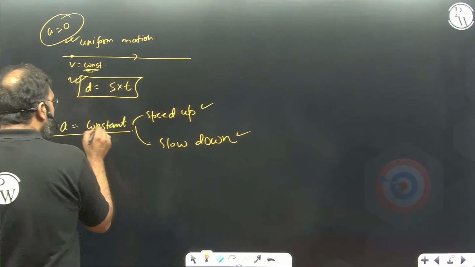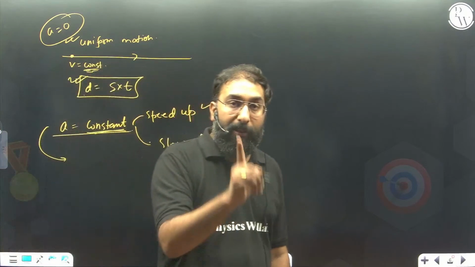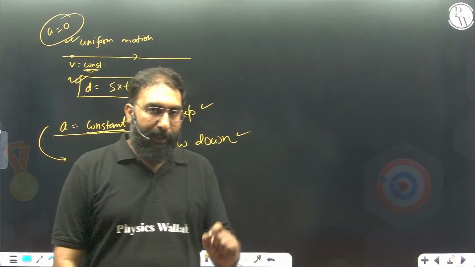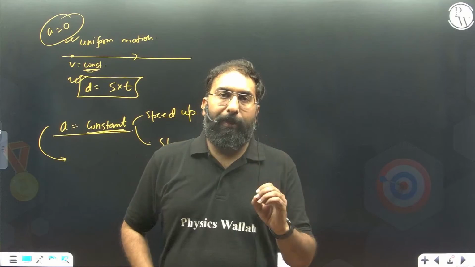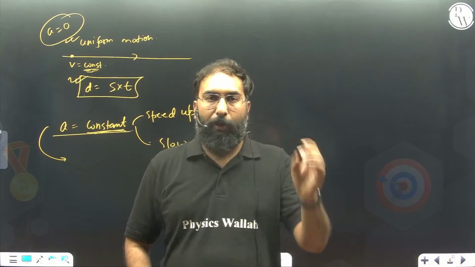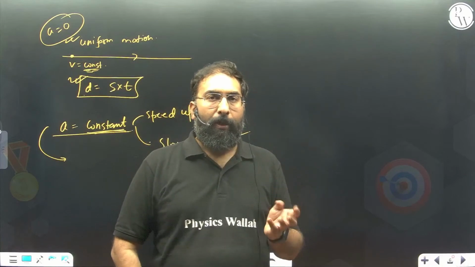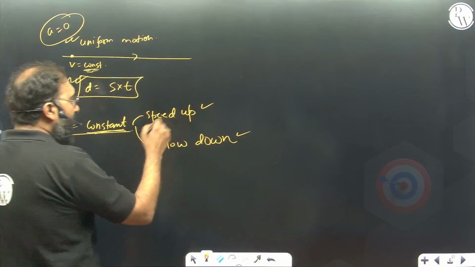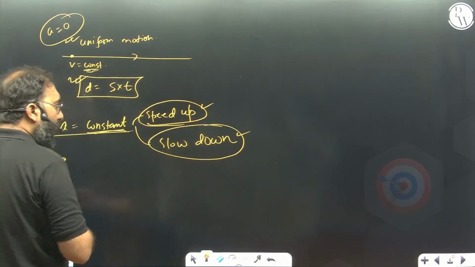Acceleration does not mean speed up. Mind it, you can make a note of it. When I say the particle is accelerating, it only means that there is a change in velocity. It does not mean the particle's speed is increasing or decreasing. So speeding up is a possibility and slowing down is also a possibility.